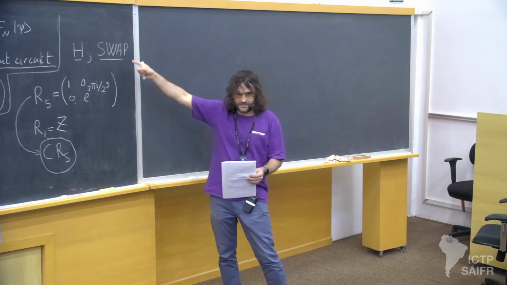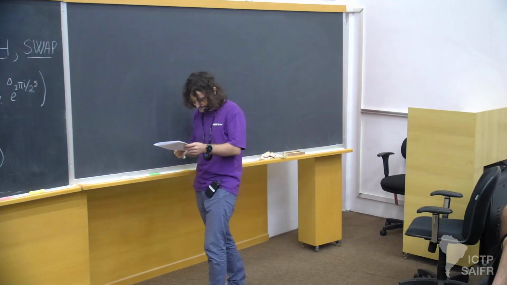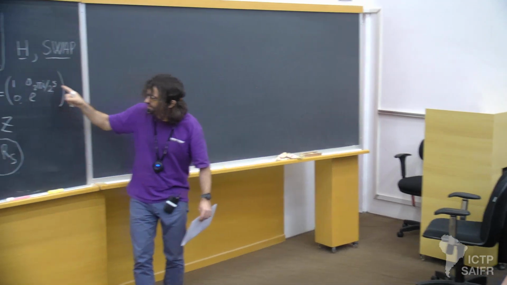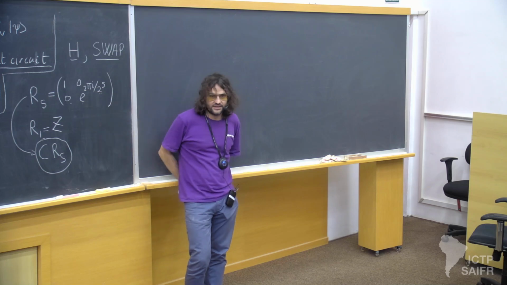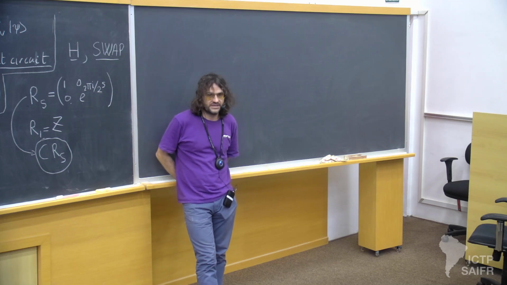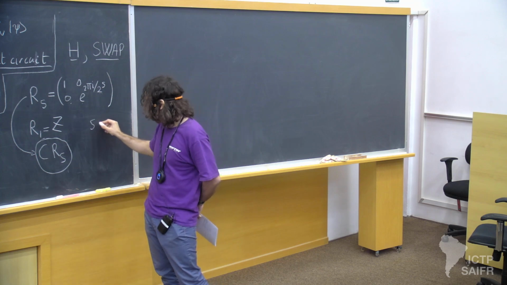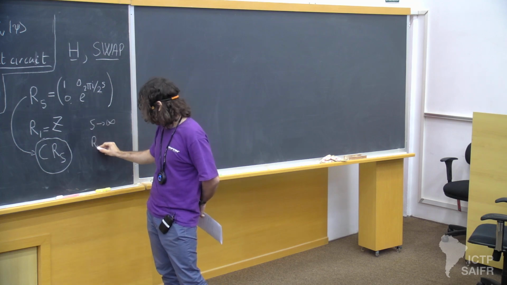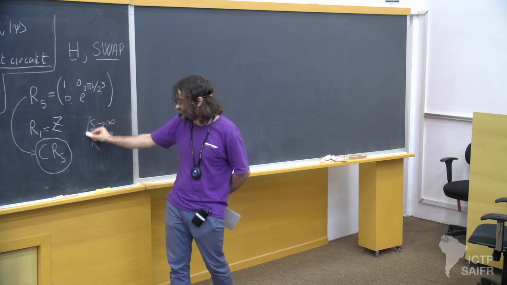By the way, the swap, if you did the exercise, is just a bunch of CNOTs. Now, by the way, notice, suppose that s is very large, what is this gate? Exactly, identity. So when s goes to infinity, R_s is almost the identity. And you can make this claim precise.